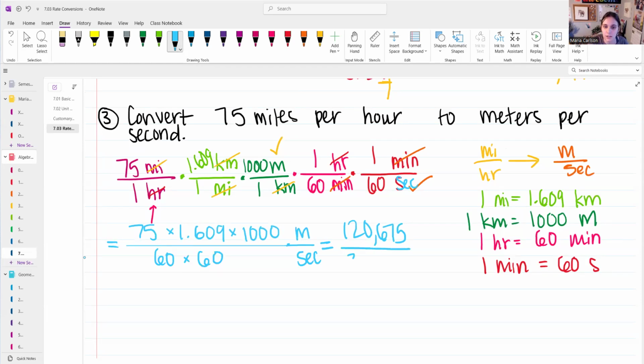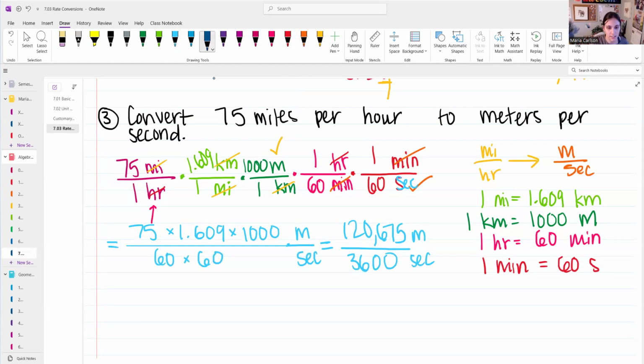Well, 6 times 6 is 36. And then we have 2 zeros multiplied onto the end. So this is 120,675 meters per second, which of course we need to divide.